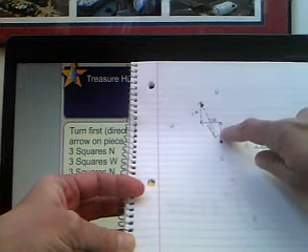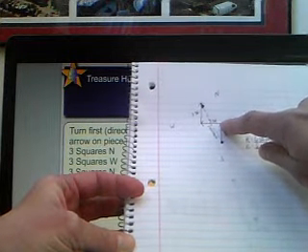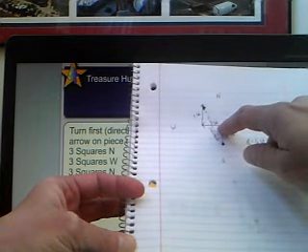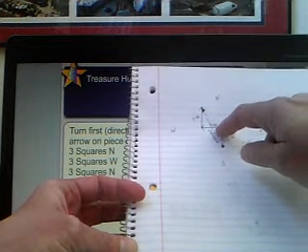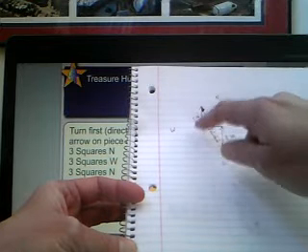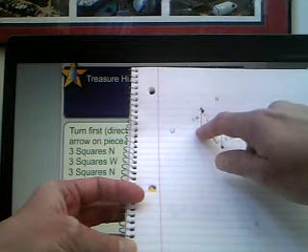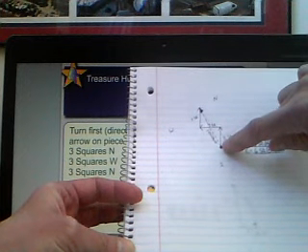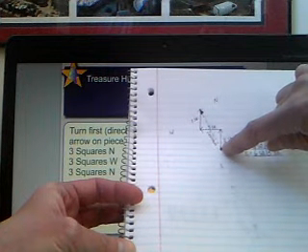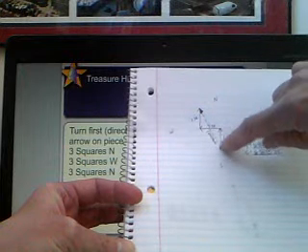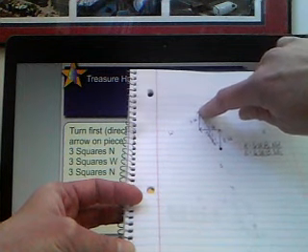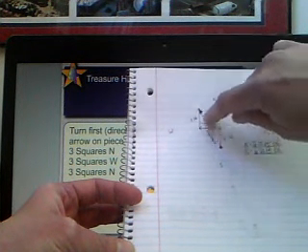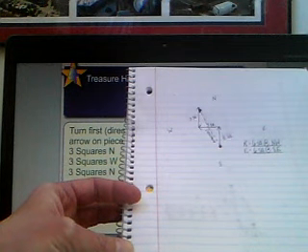You should have an arrow on your paper that goes 3 squares north, and then start where you just ended to do the 3 squares to the west, and then start where you just ended and do the 3 squares to the north. The resultant is a dotted line that goes from the start immediately to the finish, and usually it's a diagonal line of some nature.